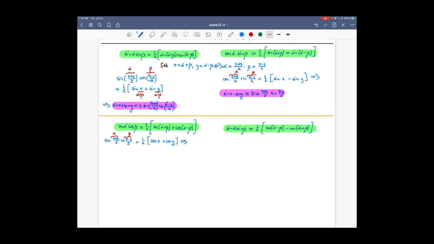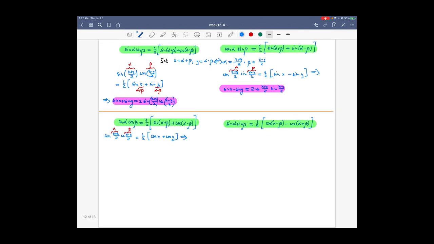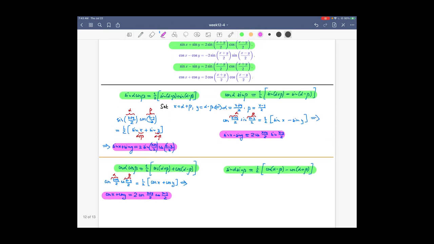From here we get that cosine x plus cosine y equals twice cosine of x plus y over 2 cosine x minus y over 2. That is this formula.